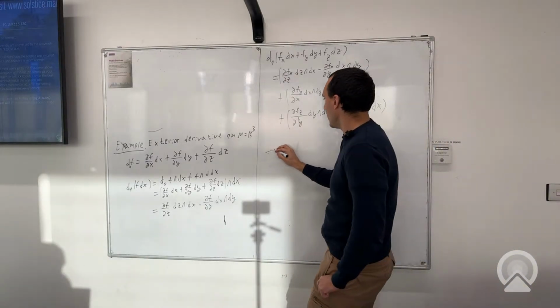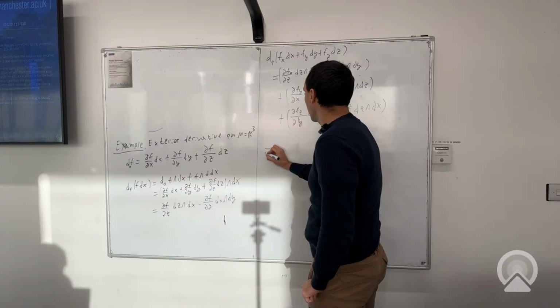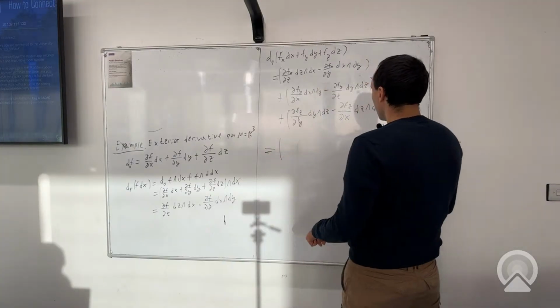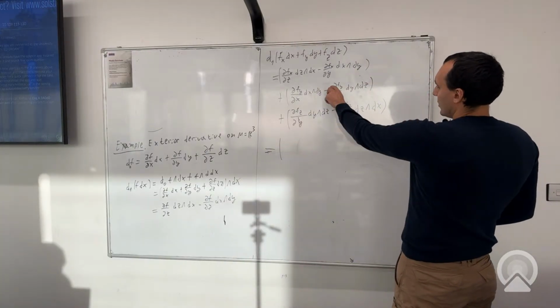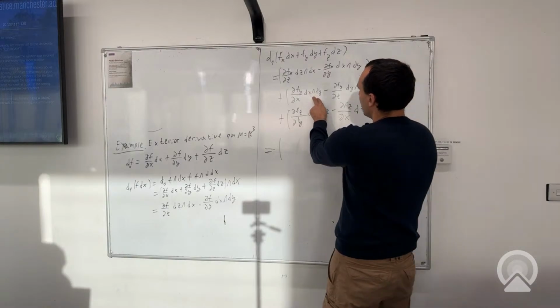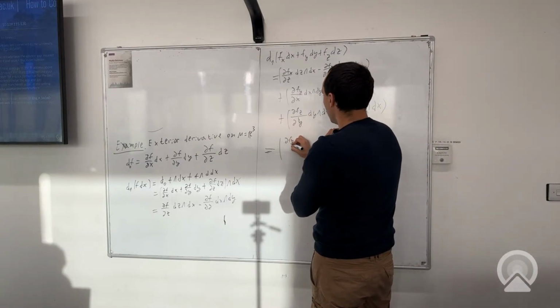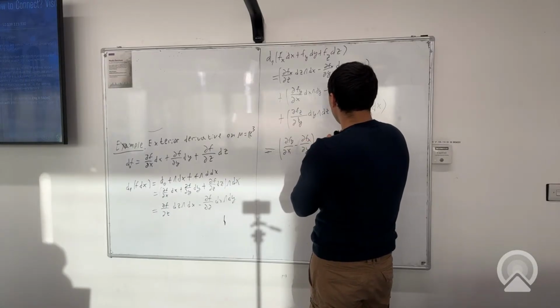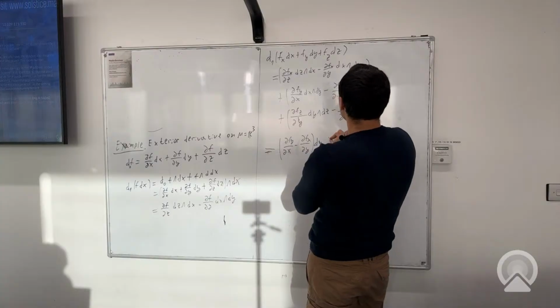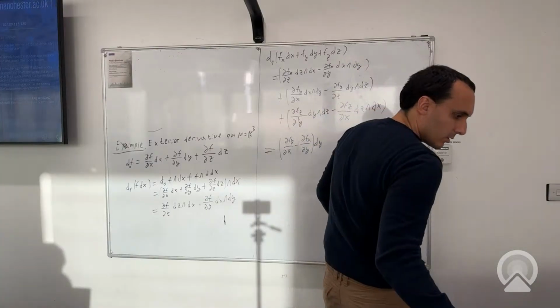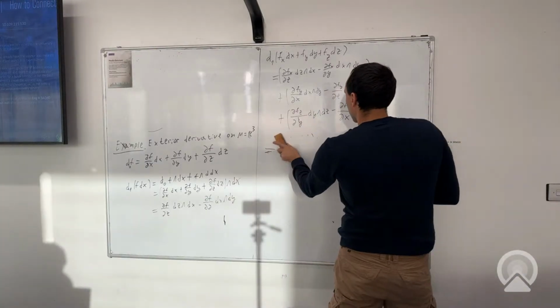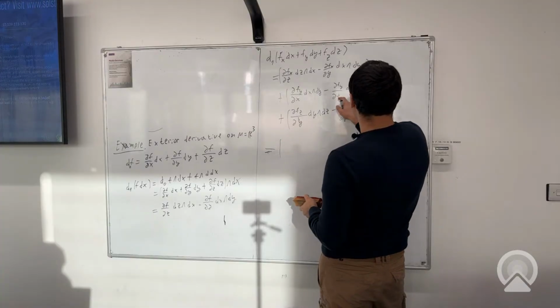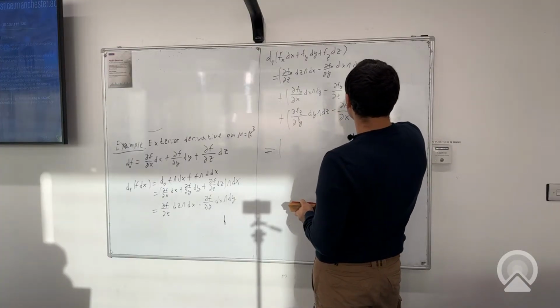And if I combine everything, I want dy wedge dz to be the first one.